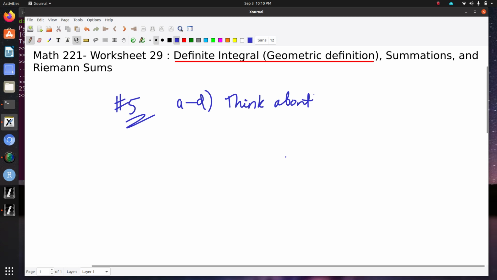So the answer is already there. What you're supposed to show is already sitting there. So basically it means draw some diagrams and convince yourself that that statement is true, and then try to justify it. And this is the perfect thing to do at your tables, is to justify it to the other people at the table so that you're all on the same page and you agree that all those are true and they all make sense. And the only real work is in part E.